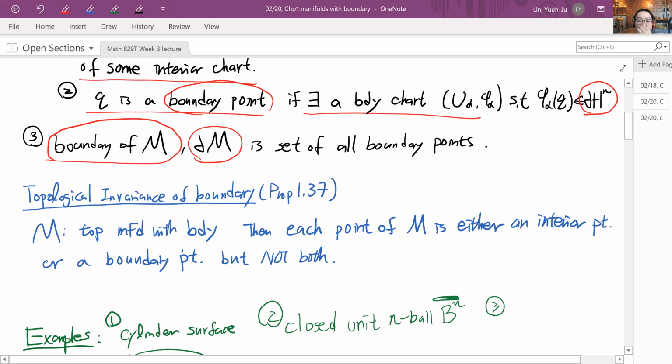Let me draw a better picture: something like this, including the boundary, right? This is U, okay? And then you have a function from U to R defined as follows. F is 1 minus x squared minus y squared, okay? But keep in mind that all the (x, y) are actually within this unit ball.